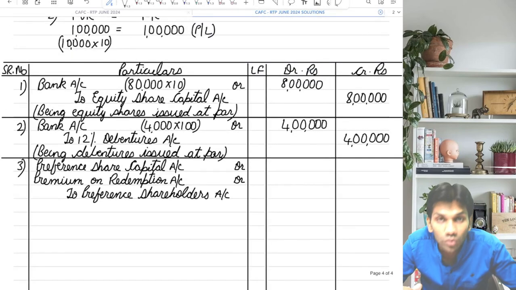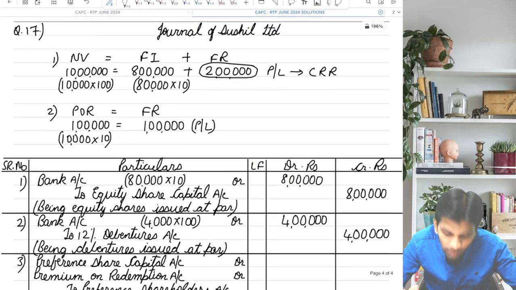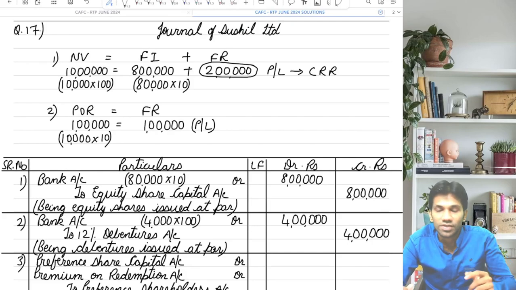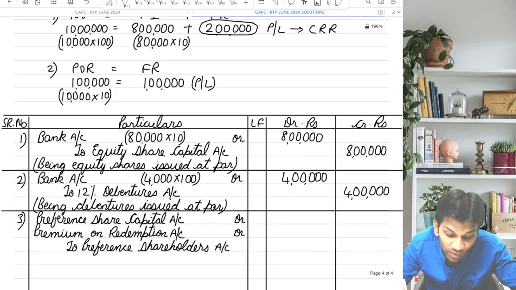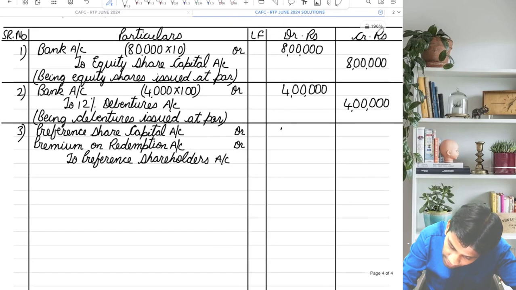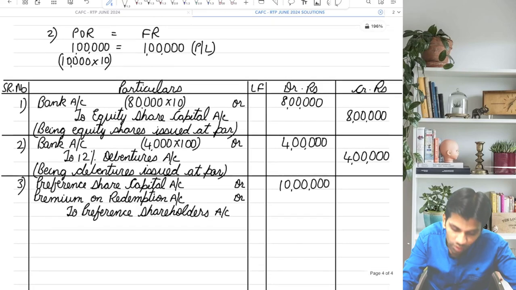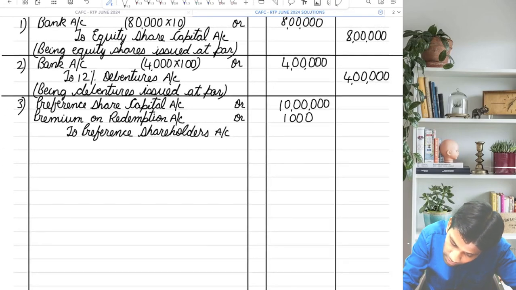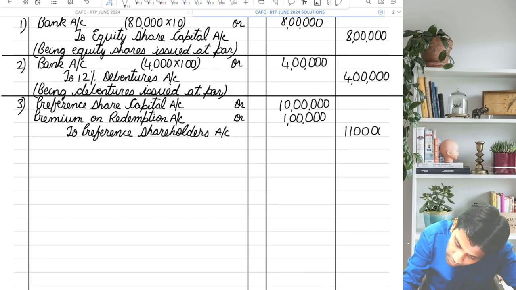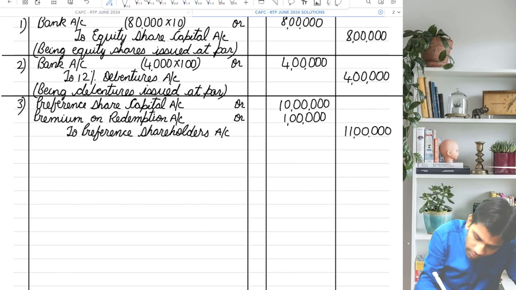Now, as I told you, all amounts are there in the equation. Check the left hand side of both equations. First left hand side, I am talking about nominal value. How much is the nominal value of preference shares? 10 lakhs. You write here 10 lakhs. How much is premium on redemption given on the left hand side? 1 lakh. Total comes to 11 lakh.